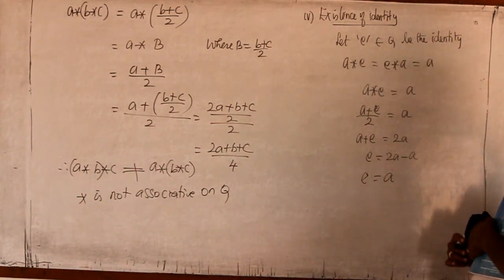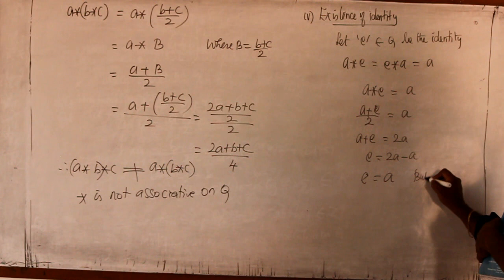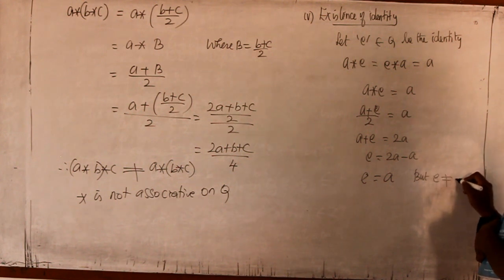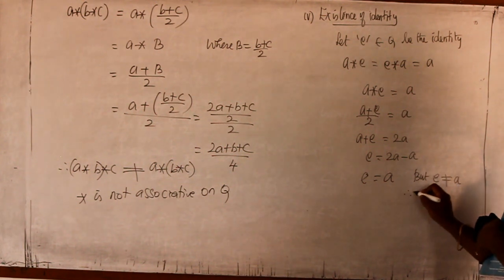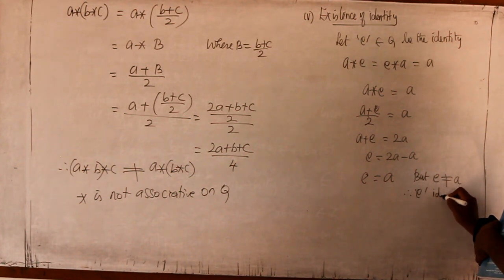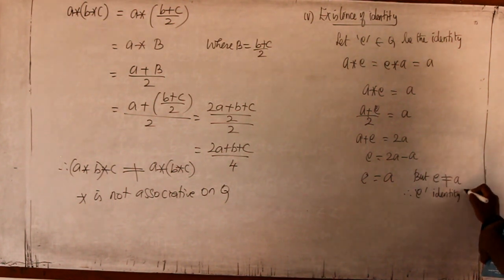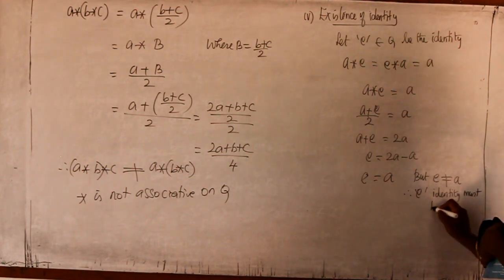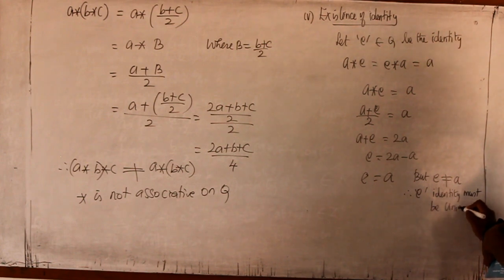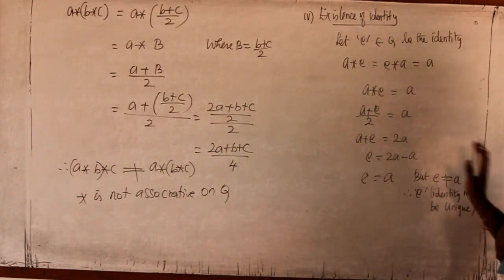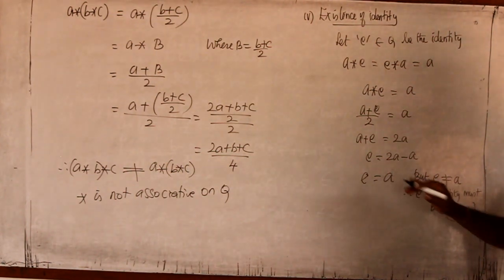So E must be a different element, because identity must be unique. That means it should not be some other element, it must be a different element. So A cannot be identity.